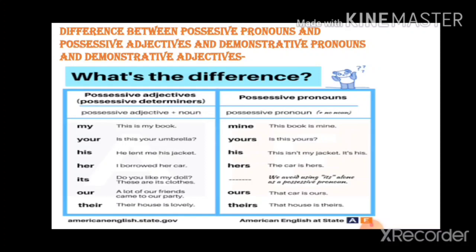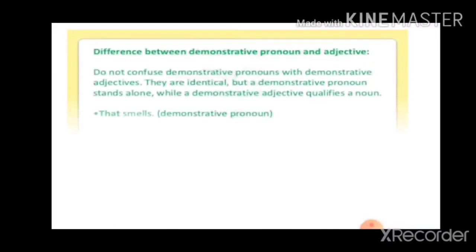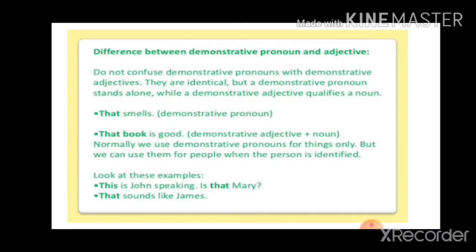Same with demonstrative pronouns and demonstrative adjectives. After a demonstrative pronoun, there will be no noun, but after demonstrative adjectives, there will always be a noun. You see the example. I will not read out this, I'll directly go to the example. That smells.